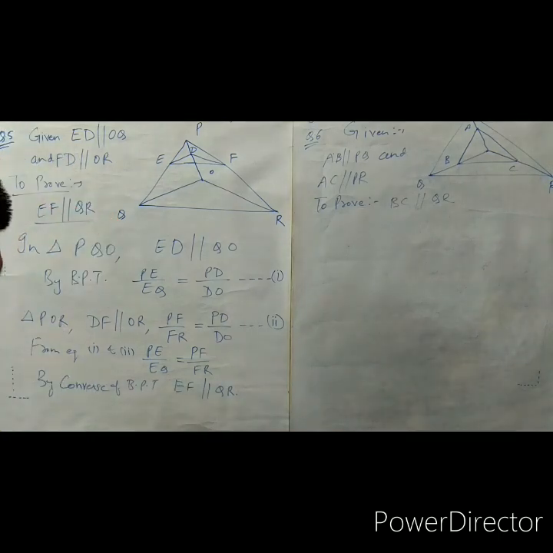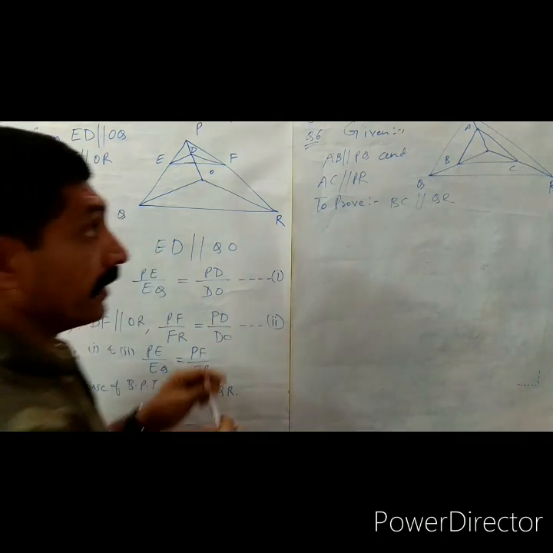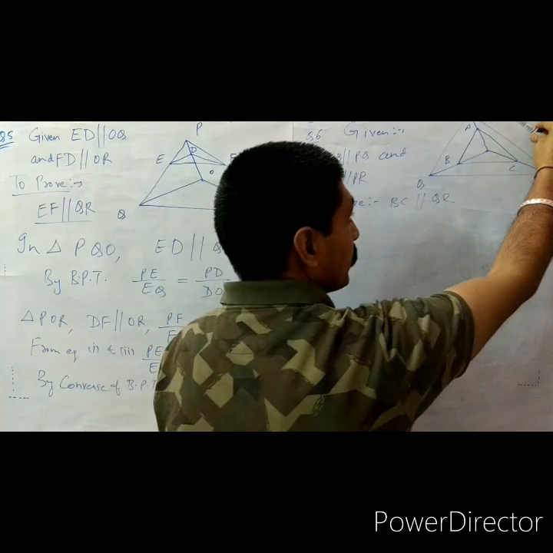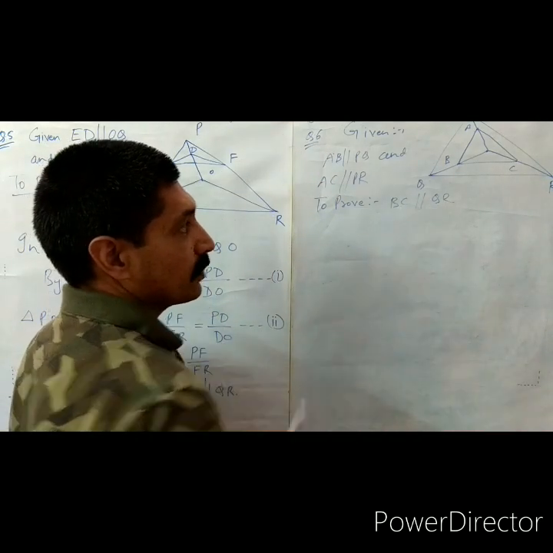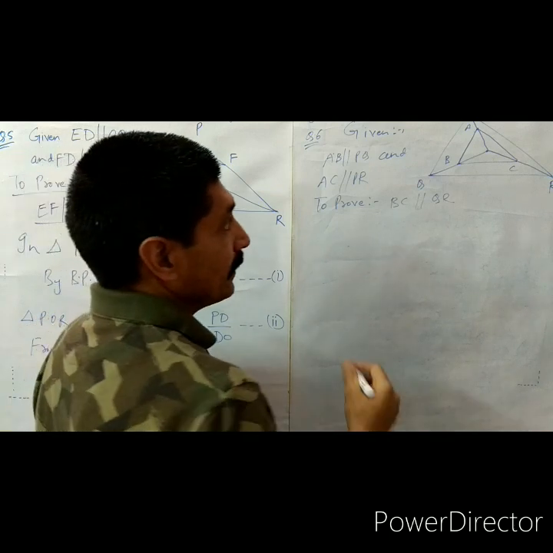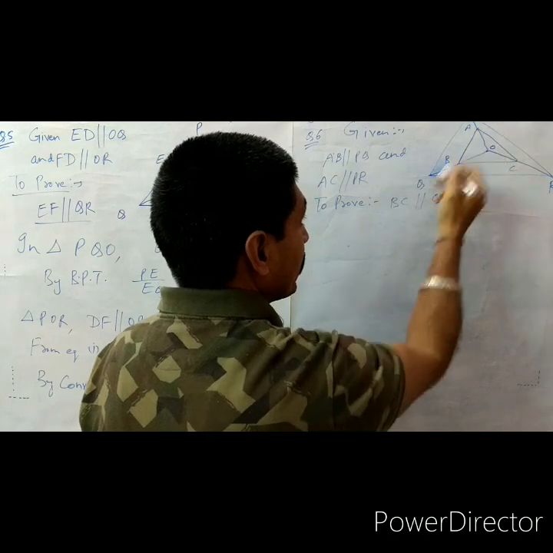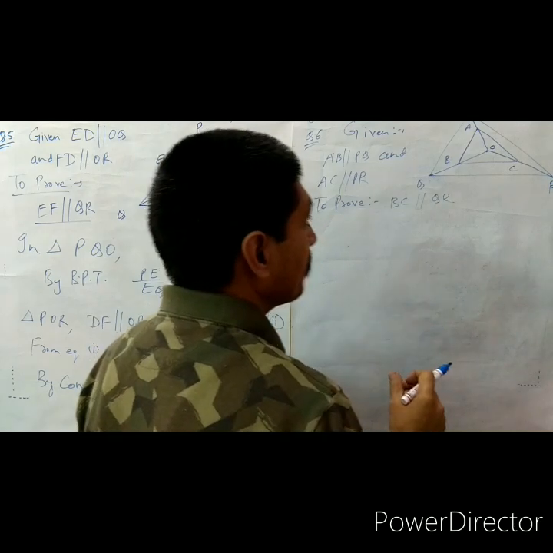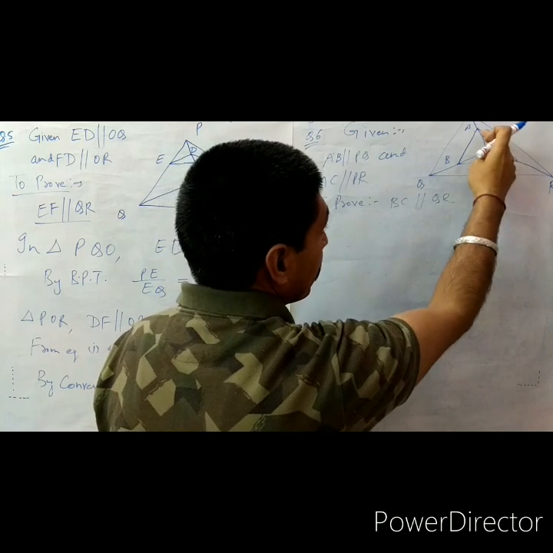So here we can again apply the concept of BPT. Here AB is parallel to PQ and AC is parallel to PR. So we want to prove BC is parallel to QR. So in triangle OPQ and triangle OPR, we will apply BPT.